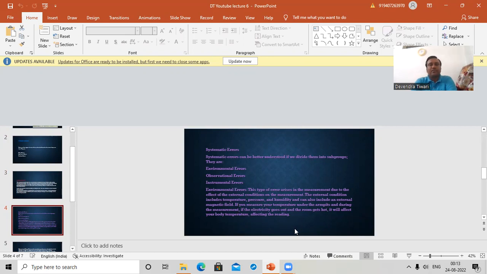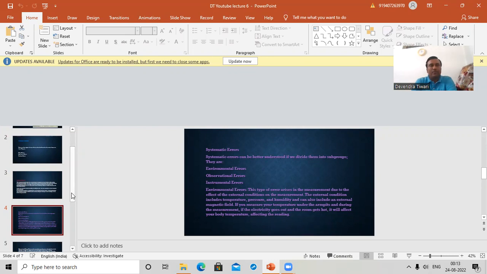The external conditions include temperature, pressure, and humidity, and can also include an external magnetic field. If you measure your temperature under the armpit and during the measurement the electricity goes out and the room gets hot, it will affect your body temperature, affecting the reading.